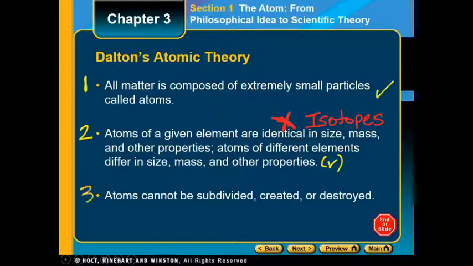Number 3, atoms cannot be subdivided, created, or destroyed. Again, early 1800s, that is what they thought. That was their best theory at the time. But we now know that that is not true. We know we can subdivide atoms now. You've heard of the electron, the proton, the neutron.